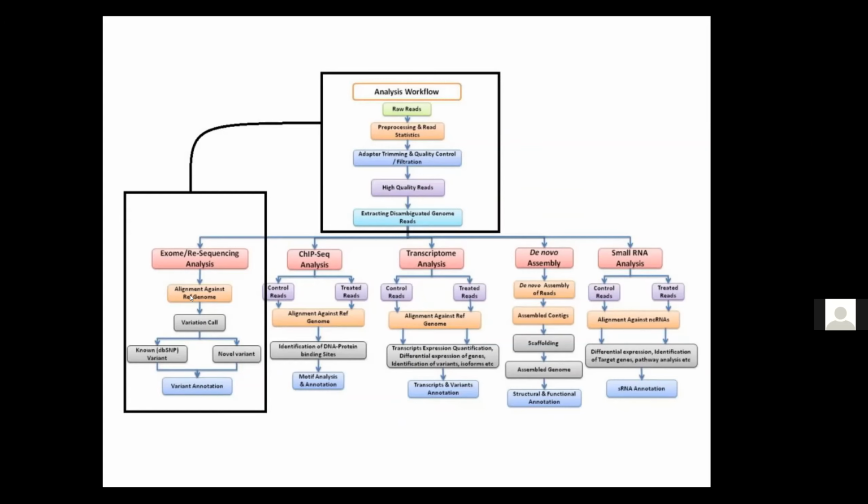The next step, which usually follows, is the realignment. In our case, I put this branch in a box because we're going to be doing a variant calling workflow today. So we need to align to the reference genome, call the variants, annotate them using some sort of database, and then we look for the variants that we want to use.